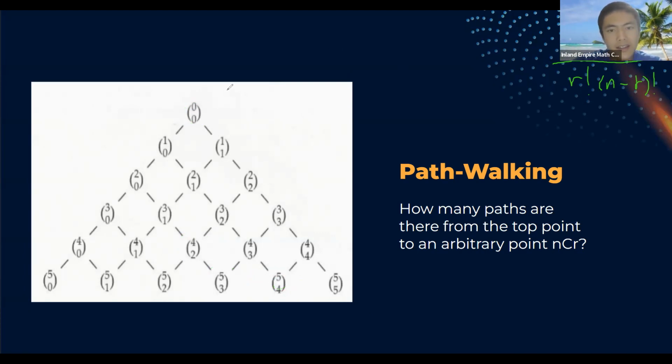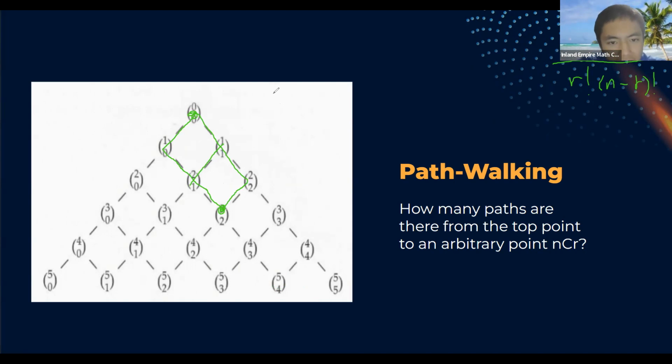And the reason this is the case actually stems from grid walking theory. For example, if you consider this grid, you want to go from this point to this point. You have to go down right twice, and you have to go down left once. But it doesn't matter in which order you go down right and down left.